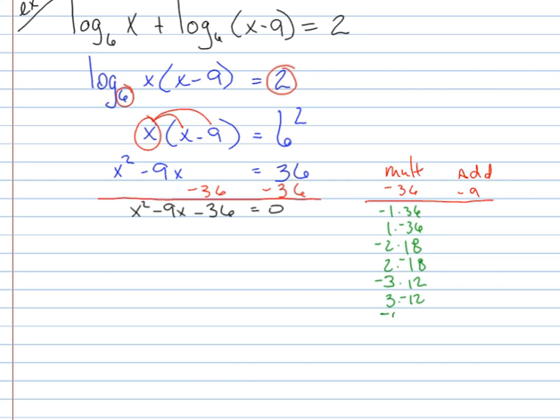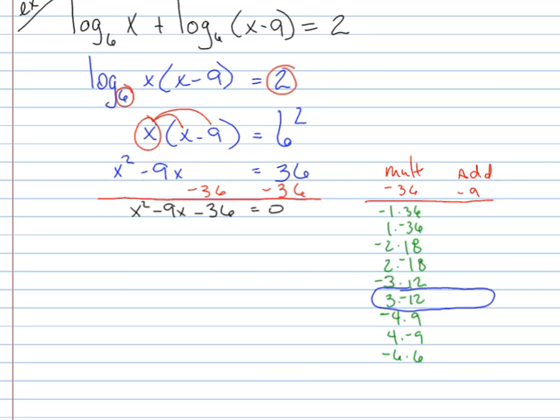I have negative 4 times 9, 4 times negative 9, and negative 6 times 6. So I'll look at these and try to figure out which pair will give me a negative 9. Oh, look here. We have a winner. Winner, winner, chicken dinner.